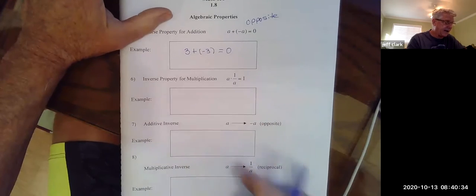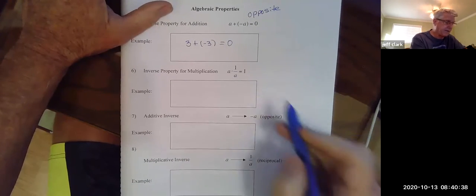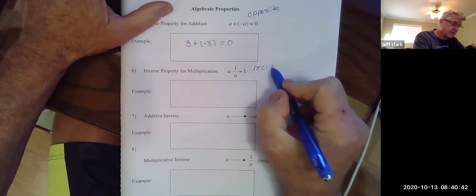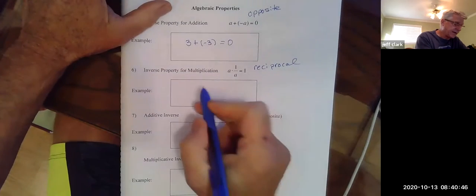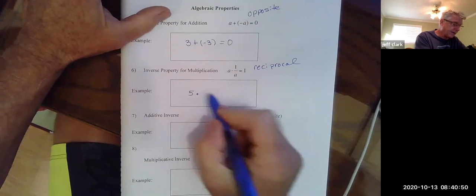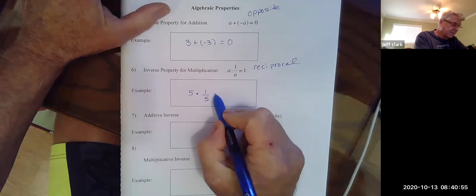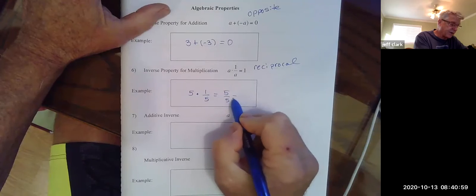And the multiplication property with the inverse, you use the word reciprocal. So if I take a number, let's say it's 5, and I multiply it by its reciprocal, 1/5. Of course, when you multiply straight across, you're going to end up 5/5. Yep, that's 1.